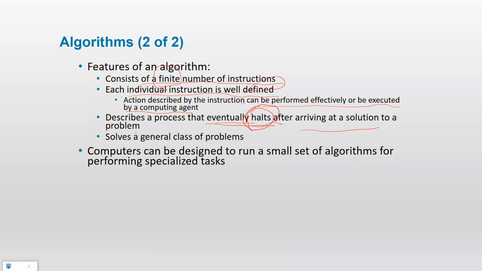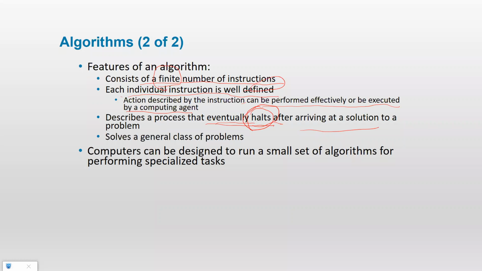And one algorithm has to work for that general class of problems. For example, when you say calculate the average cost of each item, I can buy apples, pears, a variety of fruit, and you have to calculate the average cost using that algorithm.